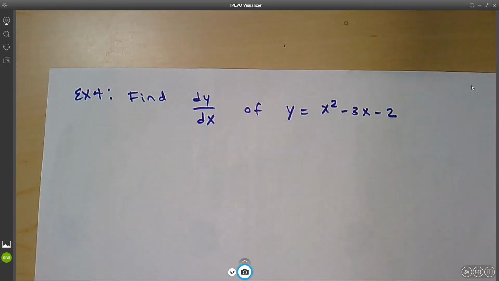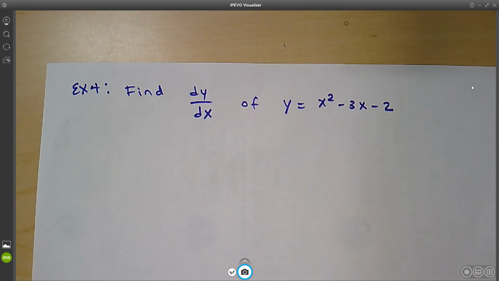We'll just keep it a quadratic. Okay, so this is saying find the equation of the derivative. Find an equation that calculates instantaneous rate of change.